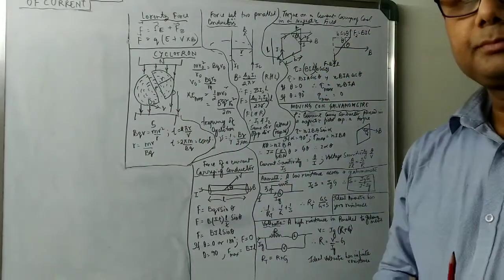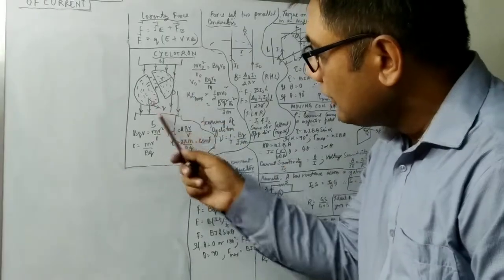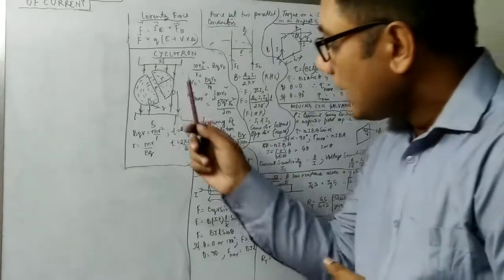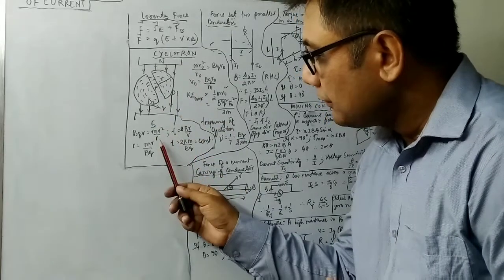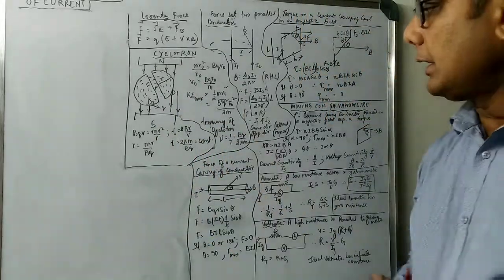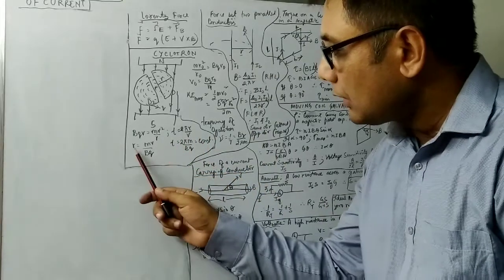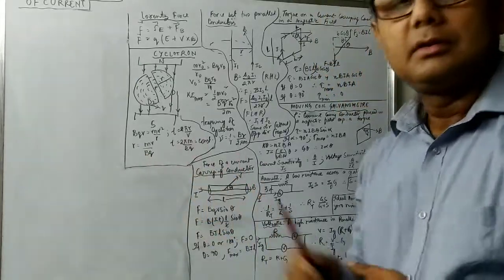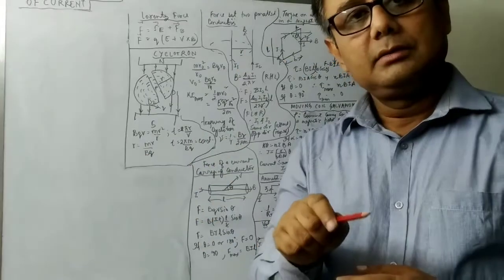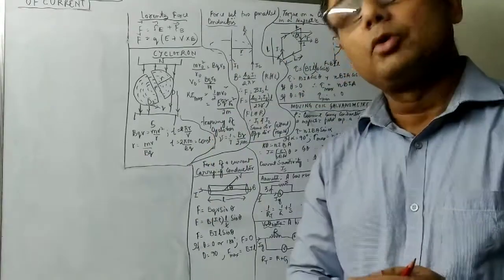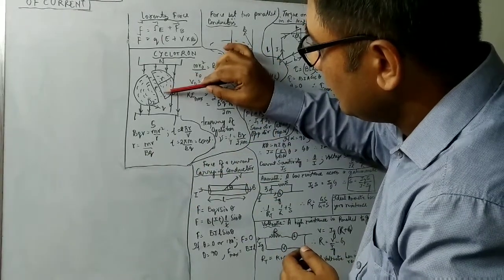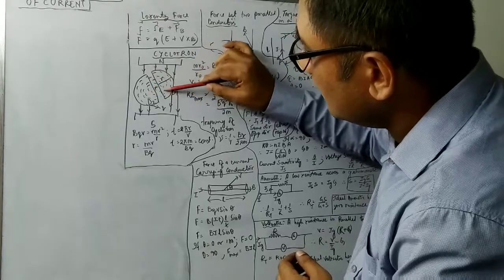Now see what happens. Under the magnetic field, what was the force acting? BQV. And it is covering a circular path, so it will have a centripetal force mv square by r. So from there, what did I find out? R equals mv by bq. This is the radius of the path covered by the proton. Now the time period it is covering is 2 pi r.